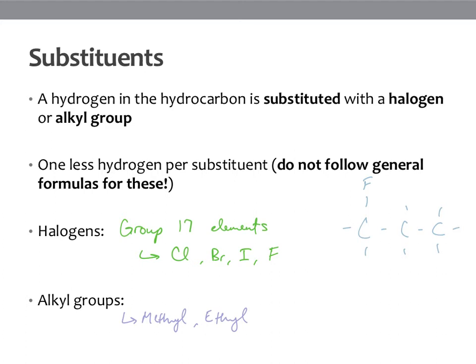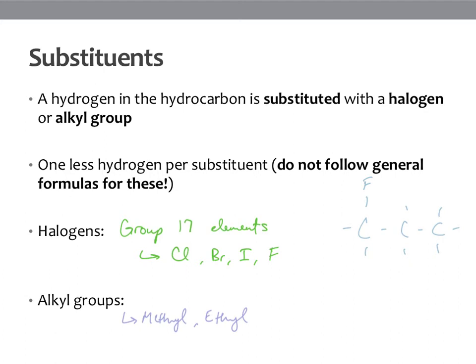You have to name the carbon to which the substituent is added. So this one has a fluorine attached to the first carbon, so it's 1-fluoropropane. Fluoro, you need to add those sort of prefixes again. Alkyl groups, same thing, you put a number next to the carbon to which it's attached.